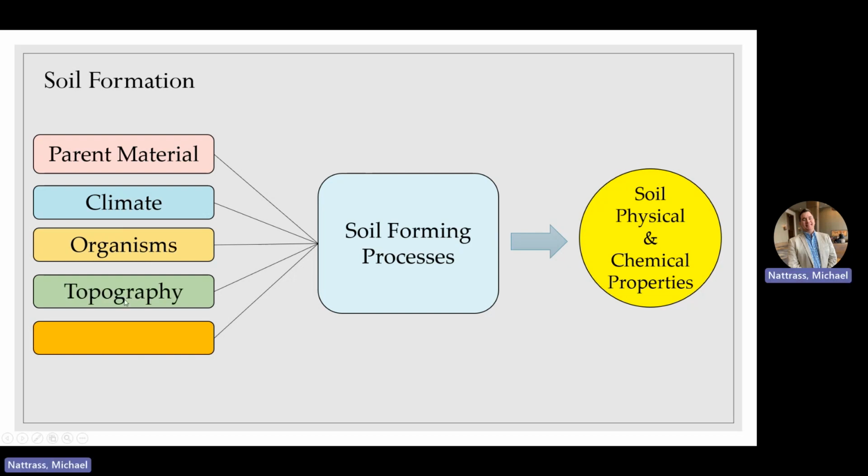Next, the topography. The topography is just the elevation or the slope or kind of the lay of the land. One of the things that I've noticed here in Tennessee as to why we have such shallow soils is because we have a lot of erosion. When I'm thinking about this, I'm thinking maybe on the top of a hill.